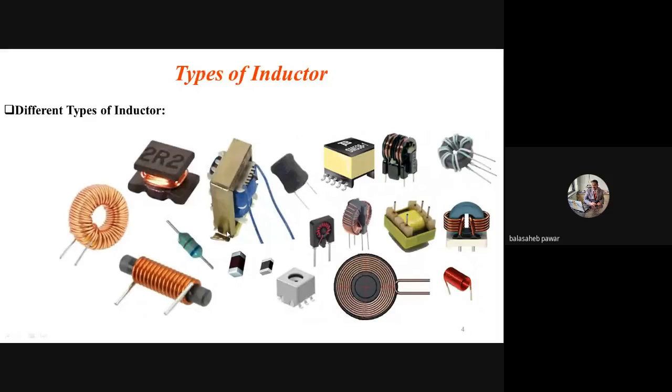It looks somewhat like a transformer, but there are only two terminals. In the case of a transformer, there are two windings, primary and secondary, so more than two terminals are there. If it is a simple transformer, then two terminals for primary and two terminals for secondary. If it is a center tap transformer, then two terminals for primary and three terminals for the secondary. So in this case, whatever I have shown here, only two wires are there. That means it is a single coil, and a single coil is nothing but an inductor.